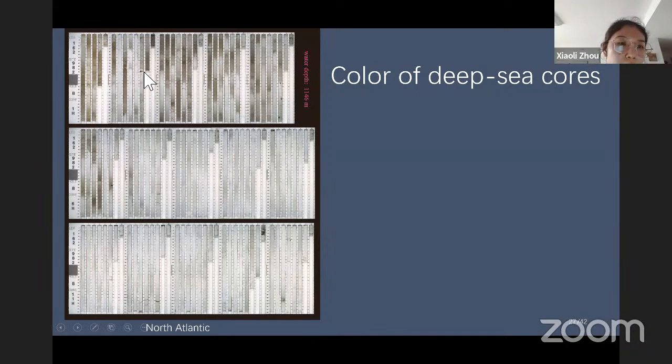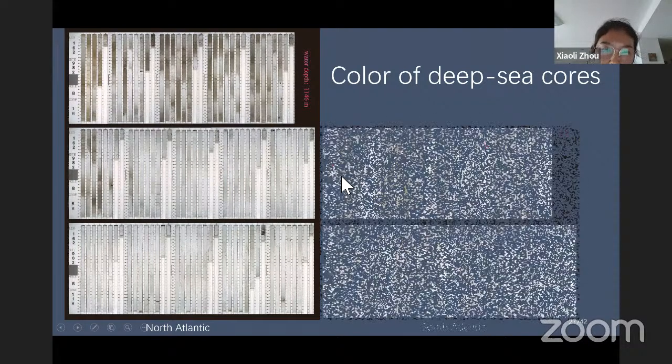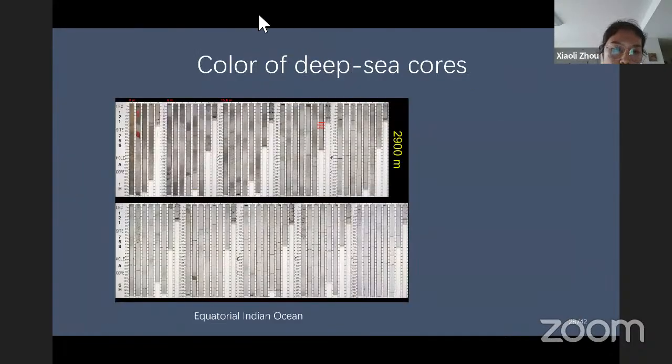From top to bottom is from Pleistocene to the mid-Miocene, so we observe a whiter color in the mid-Miocene. A similar feature has also been observed in the South Atlantic at ODP 1088, also whiter colors toward mid-Miocene, and also in the Indian Ocean at ODP 758.